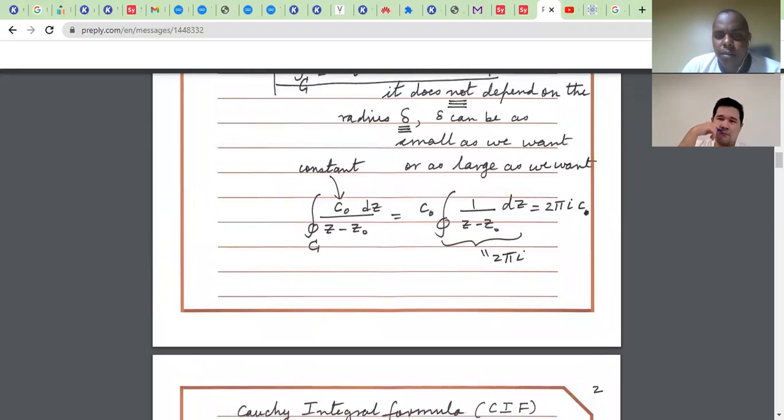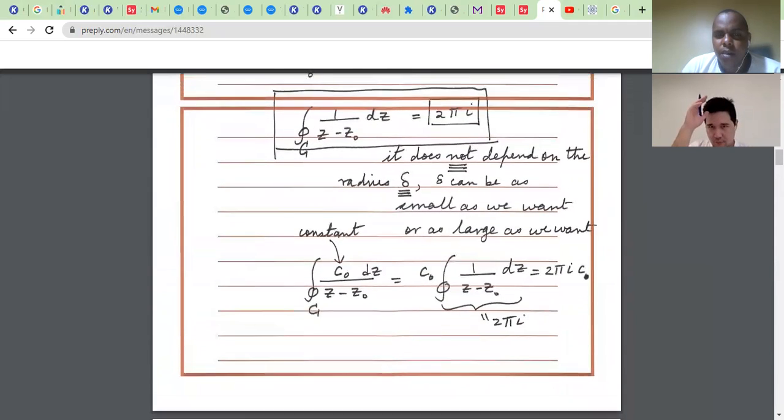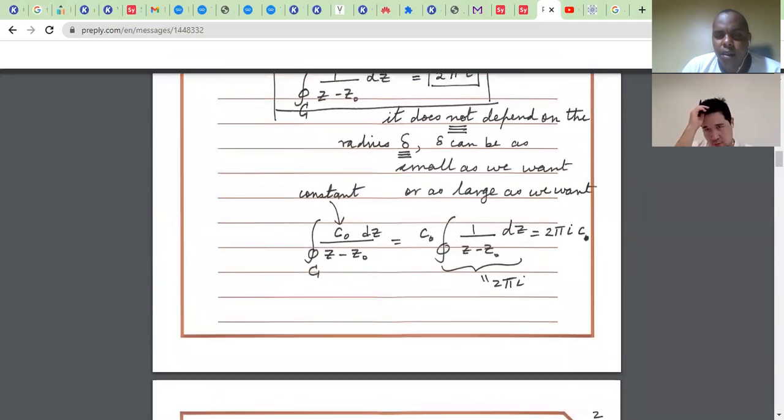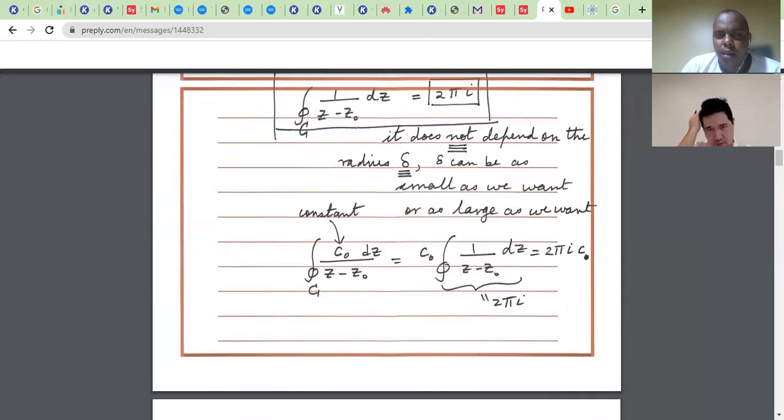Let's try to find the connection. First, we know that where the function is not analytic inside the curve, this integral does not equal 0. Then it means that we need to solve it if the function is not analytic.